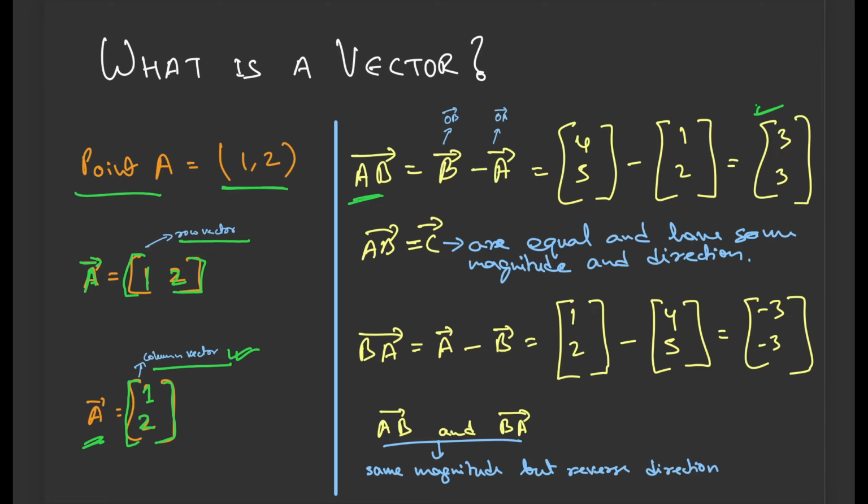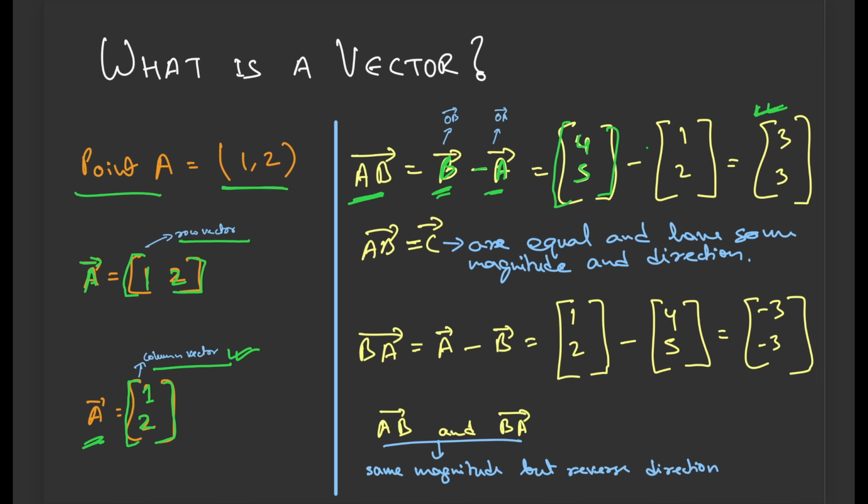Now we saw that the value for vector AB was 3, 3. We saw it in the graph, right? We can also calculate this by subtracting A from B. Basically, it starts at A and goes to B, so we can subtract A from B and we'll get the vector AB. Vector B is 4, 5, and vector A is 1, 2.